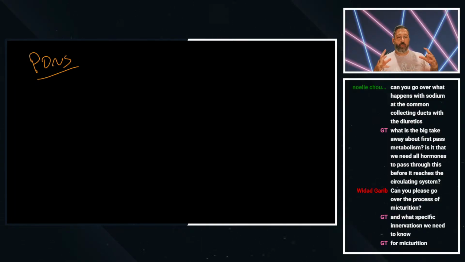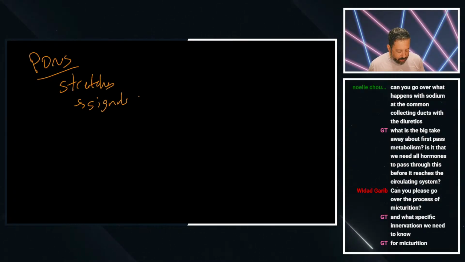As our bladder gets bigger from storing urine, it starts to stretch. As it stretches, it sends signals to the pons and the micturition center and you start getting the sensation, hey, my bladder's full, I have to go pretty soon.